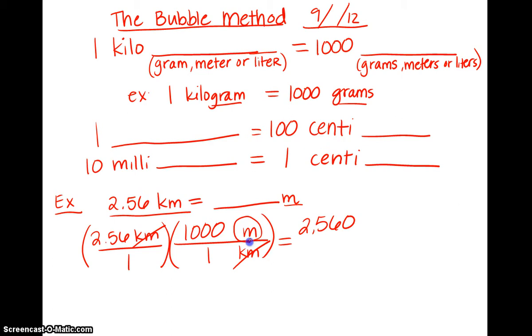And see how the meters are left over? Meters right there. And then I draw in my line and I go 1 times 1 is just 1. And really, 2,560 divided by 1 is just 2,560. So there's my answer.